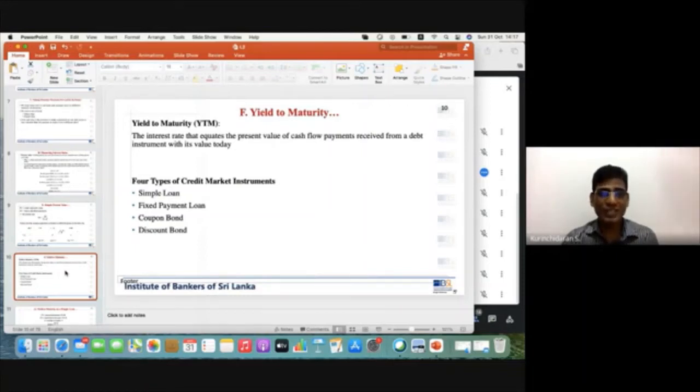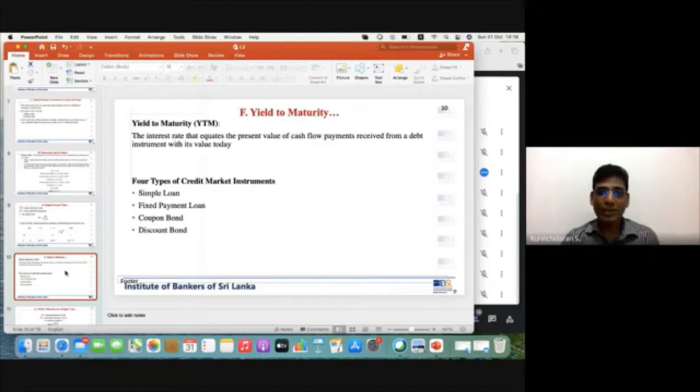right? The yield to maturity is the interest rate that equates the present value of cash flow payments received from a debt instrument with its value today. You take the value date and the present value of all the future cash flows, equate them with the interest rate, and you get the yield to maturity, right? If you don't understand, let's see it through four important credit market instruments.